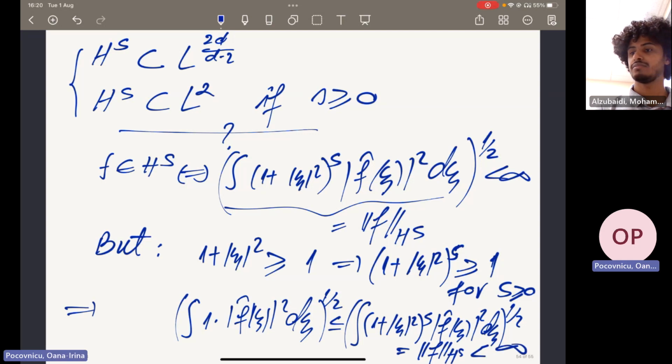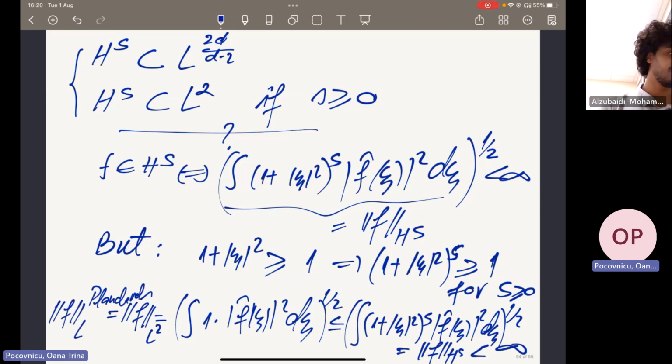Okay, but what is this? This is the integral of |f hat| squared, so this is the L^2 norm of f hat. And by Plancherel, going back to properties of the Fourier transform, this is the same as the L^2 norm of f. So what did we show? We showed that the L^2 norm of f is smaller or equal than the H^s norm of f, which is finite.